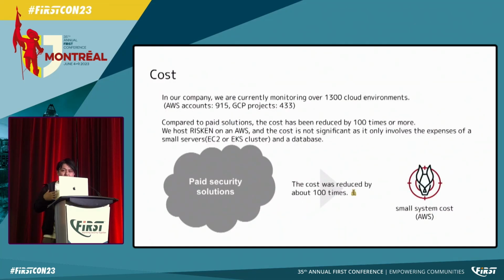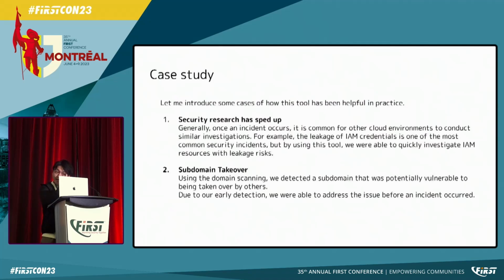Riscan can be started at a low cost, but I'm sorry, I have no time, so I'll skip this page. And in what cases has Riscan been useful? So I'd like to share some case studies, but I'll skip this page as well.